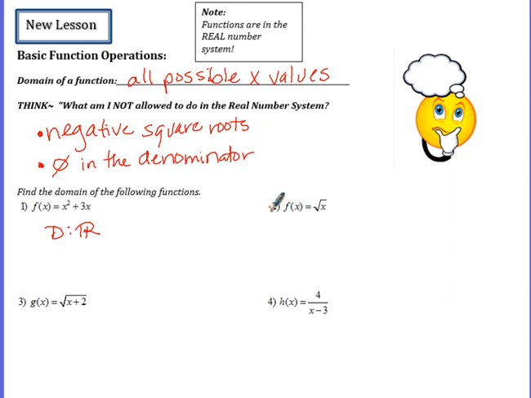So we need to say the domain is anything where x is greater than or equal to 0. 0's fine, 1's fine, 2's fine, 3's fine, but nothing less than 0 is okay, because that will cause a negative square root.